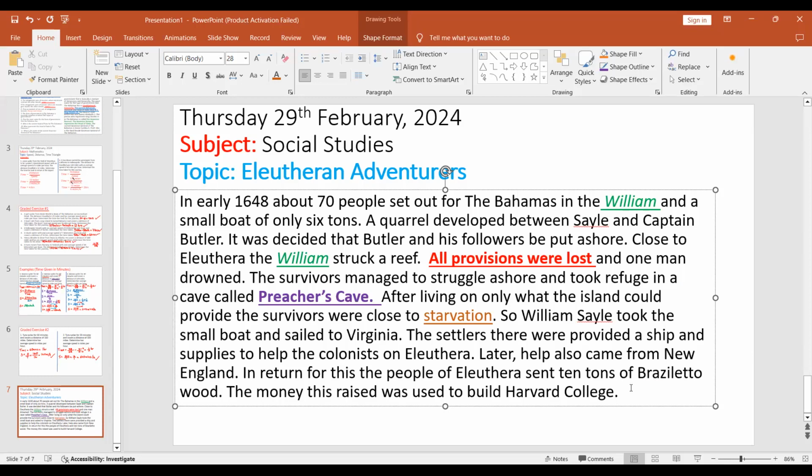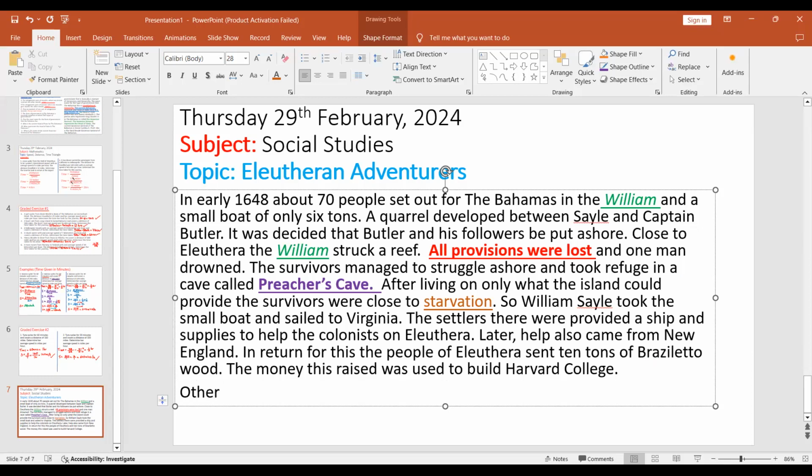So these were not good sort of people. That was one of the problems they had. Exiled criminals were being sent by the Bermudan government to Eleuthera, right? And that's not good.